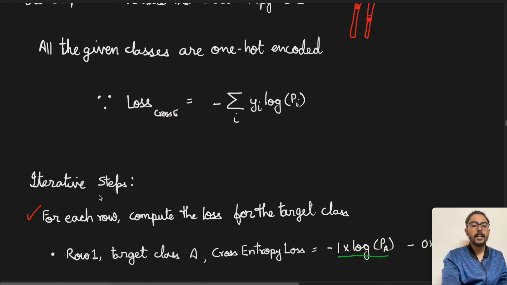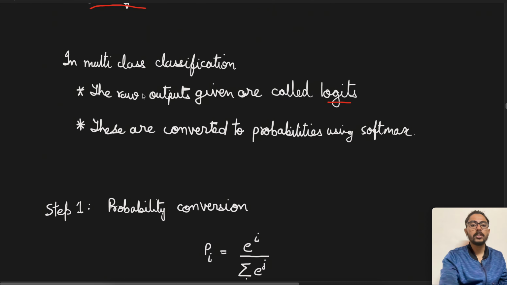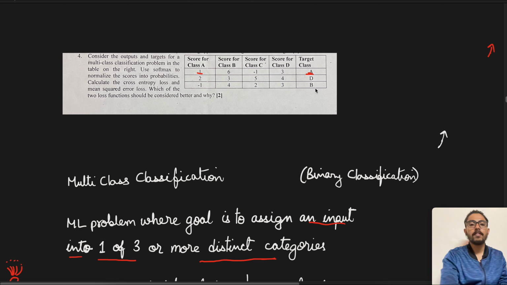If we take the example of row 1, and check back on the question, the target class was A. So all other classes apart from A will become 0, because we are taking one hot encoded data.